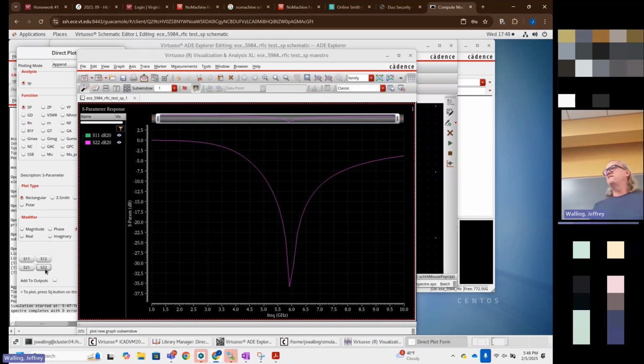This is a reciprocal network, so S11 and S22 are the same as long as it's matched. We consider it to be a good match when S11 is less than minus 10 dB. So it's matched from somewhere right around 5.1 gigahertz up to somewhere around 7.1 gigahertz, about 2 gigahertz on 6 gigahertz, which is roughly a quality factor of 3, which is what it was designed for.